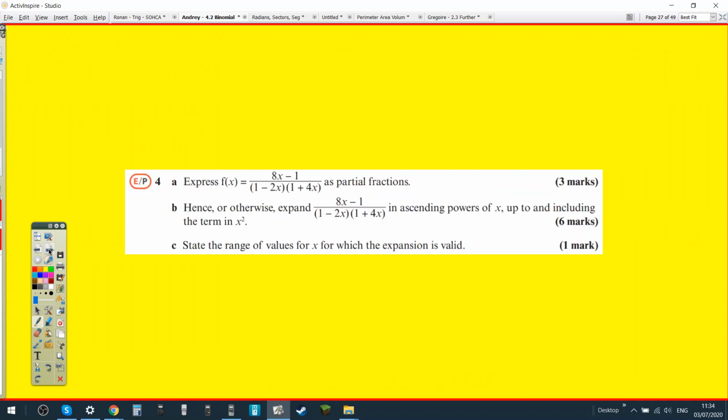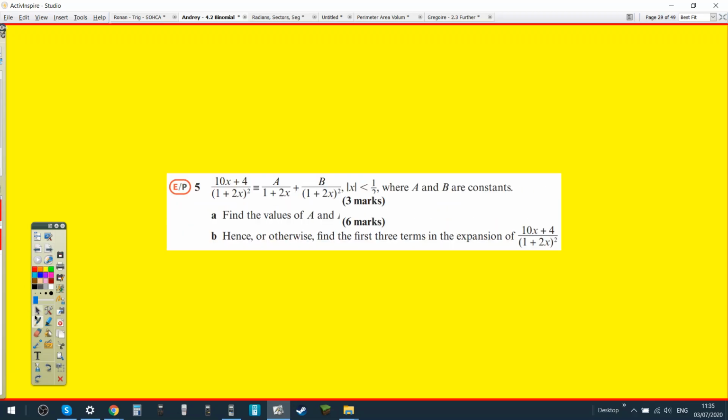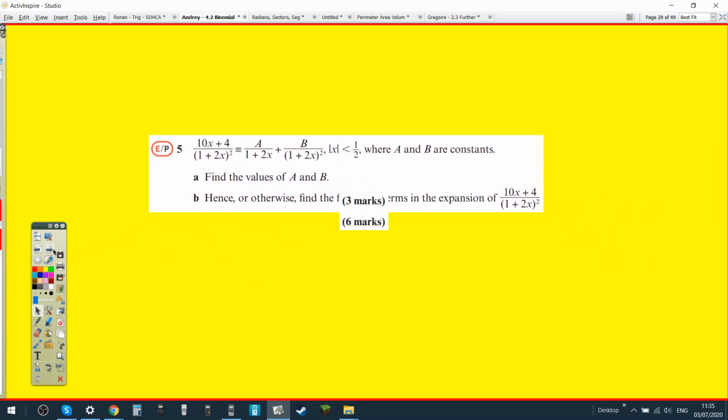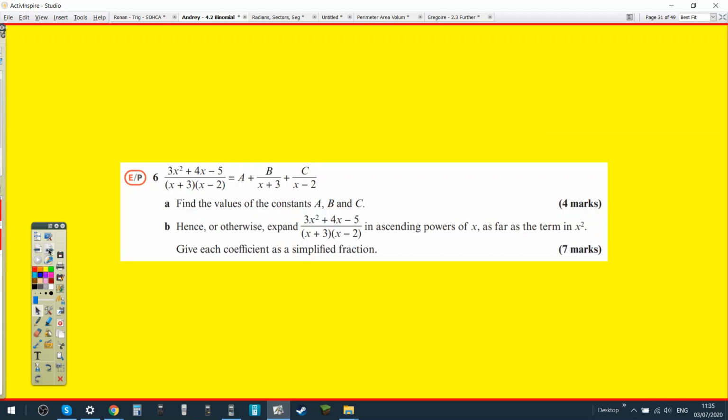No. Let's see. So this one is exactly the same. It just had the magnitude thing at the end. Same. This time you've got 3 partial fractions, like a whole number part.